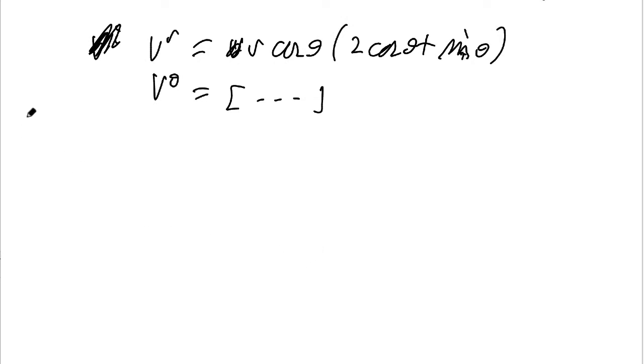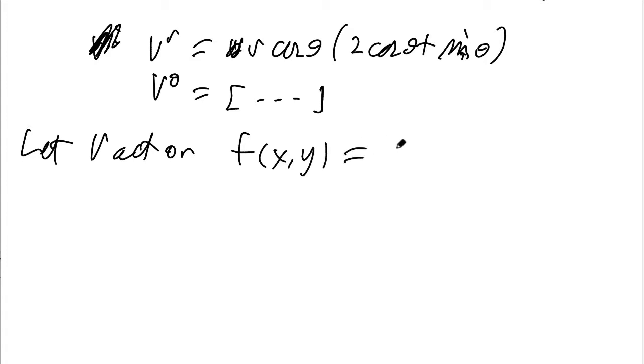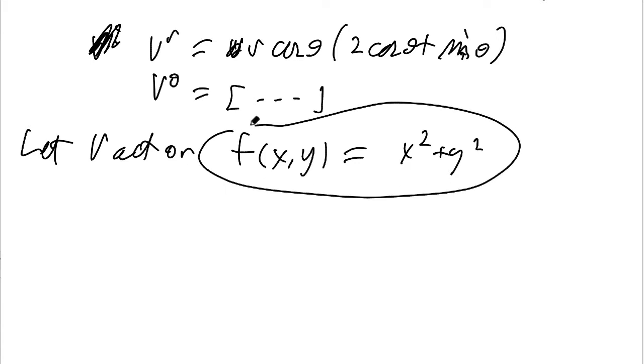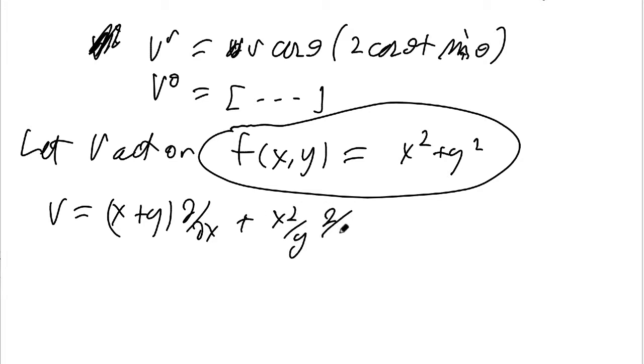Let's consider this vector field acting on a function. Let's take the function to be, say, x squared plus y squared. We have to remind ourselves this was x plus y d by dx plus x squared over y d by dy.